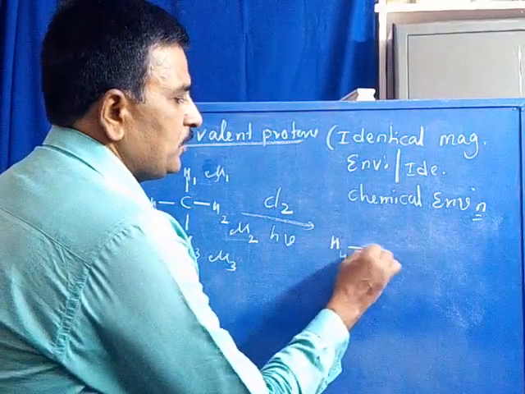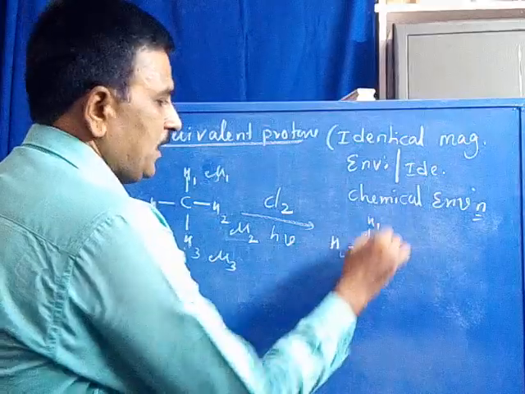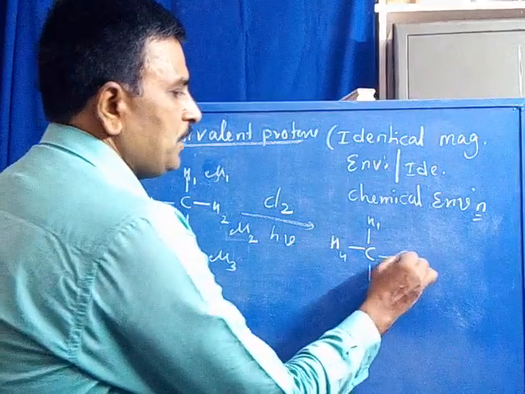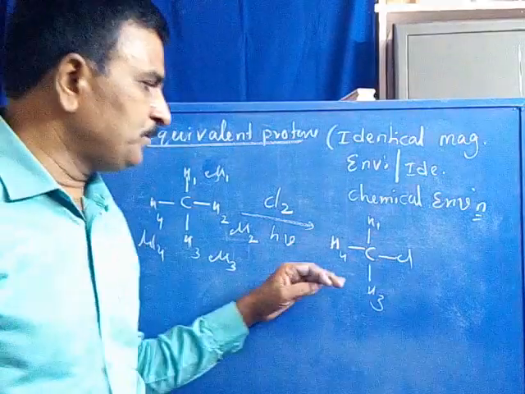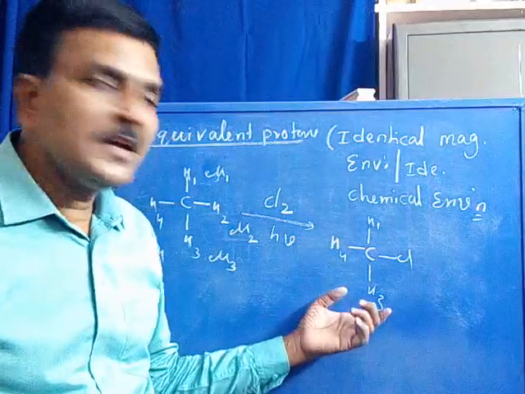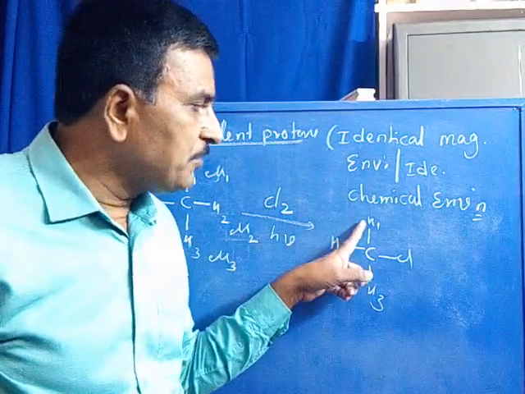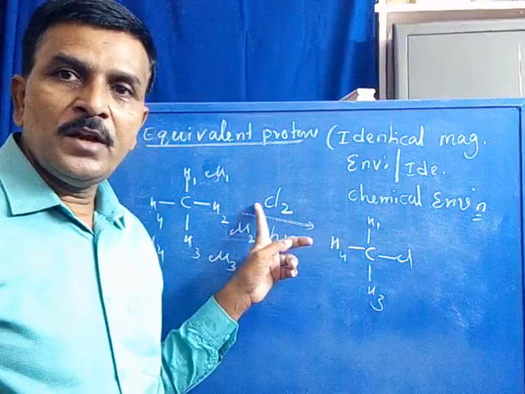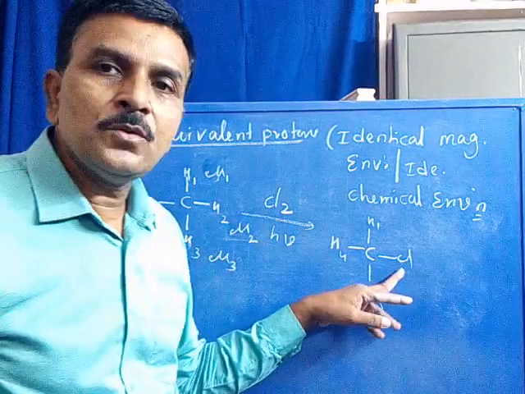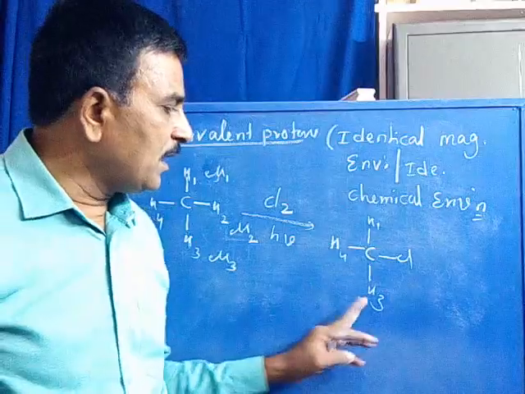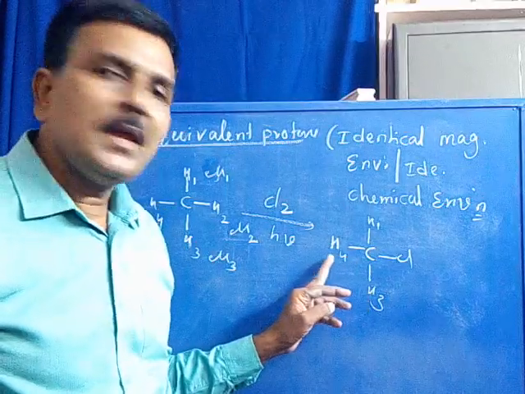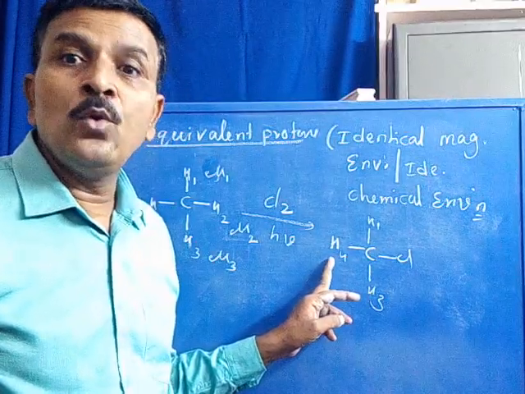Say H4 hydrogen, carbon, H1 hydrogen, H3 hydrogen, chlorine. Now we will get the product of methyl chloride. Now if H1 hydrogen is replaced by the chlorine, or H2 hydrogen may be replaced, or H3 may be replaced, or H4 may be replaced, it makes no difference.